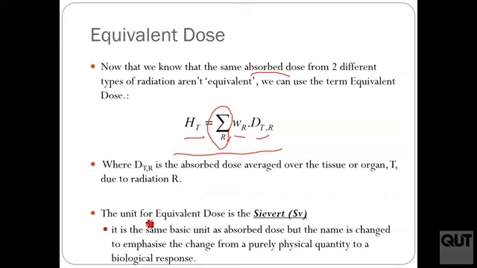The unit for equivalent dose, I should say, is the sievert. All right. So the sievert is the same basic unit as absorbed dose, so it's energy deposited per unit mass, but there's a name change to emphasise that it's not purely a physical quantity, it's more of a biological response.